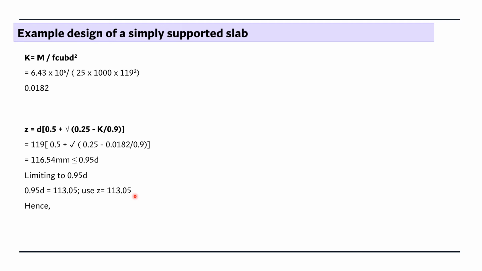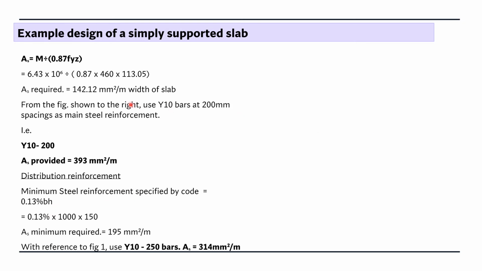So use z is equal to 113.05 millimeters. So hence As is equal to M over 0.87 fy z. We know M, our design moment, to be 6.43 times 10 raised to the power 6 Newton millimeters, and then 0.87.